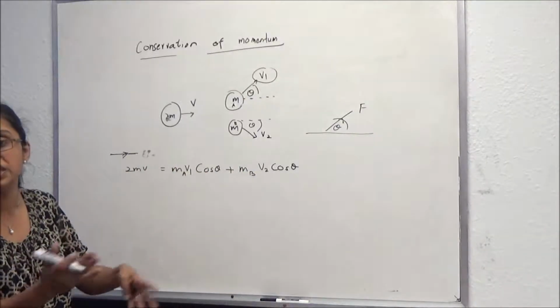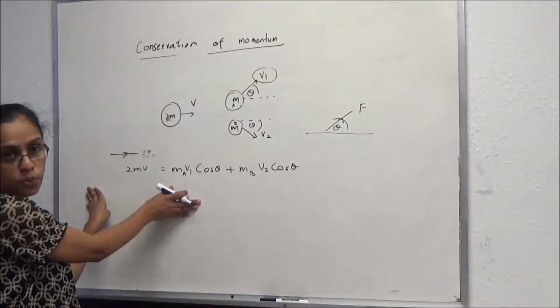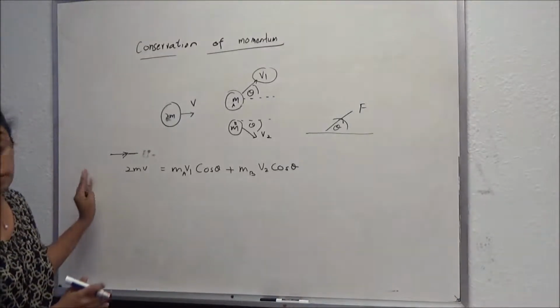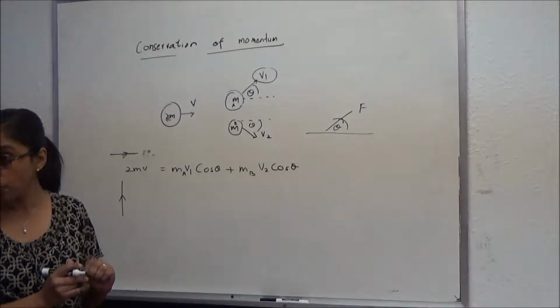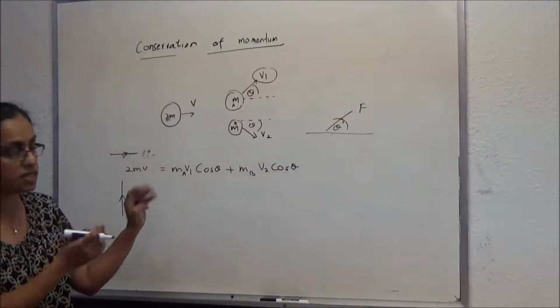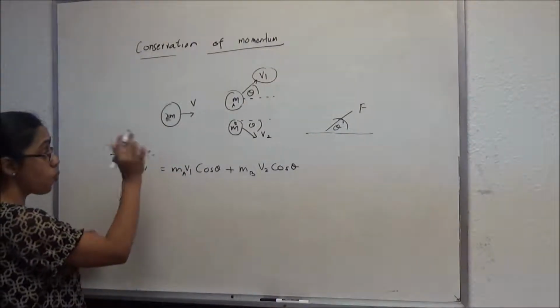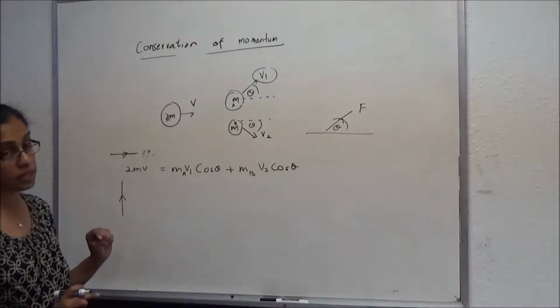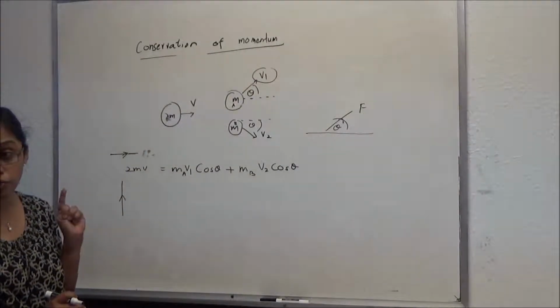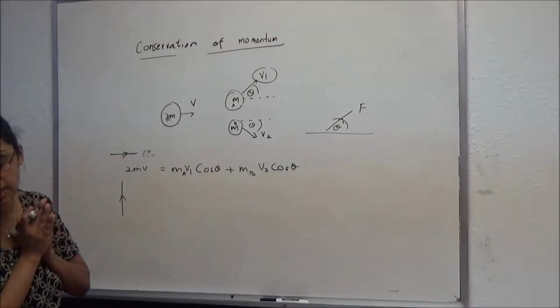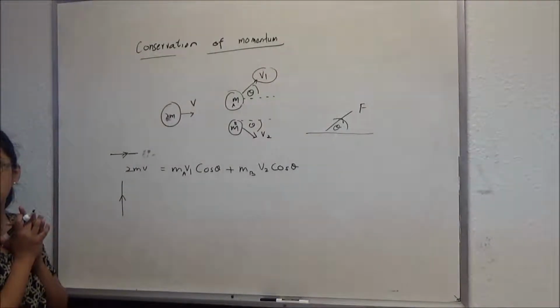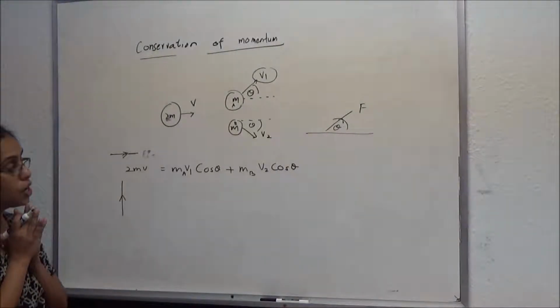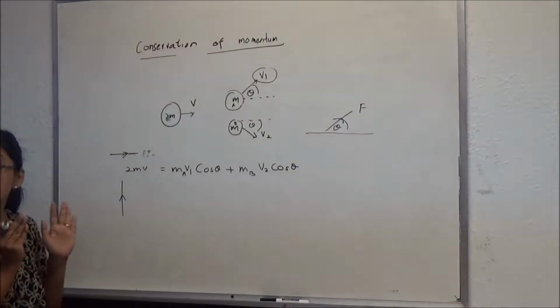Whatever you do with the numerical values, this is your equation. But this is not it. You must consider the perpendicular direction too, because there are too many variables. For that case, what would be the initial momentum for the perpendicular direction? It's in different directions.